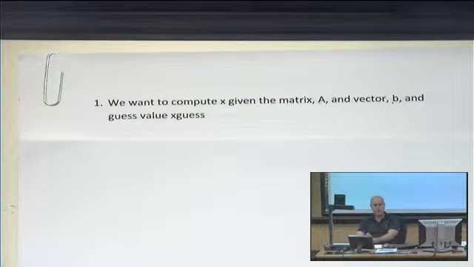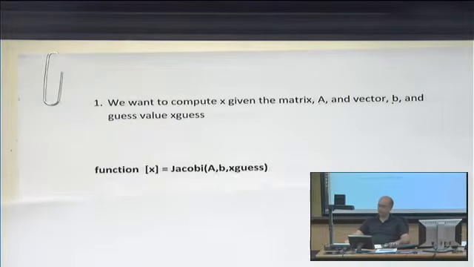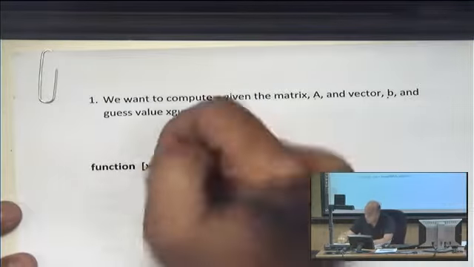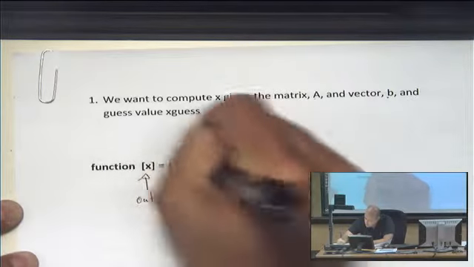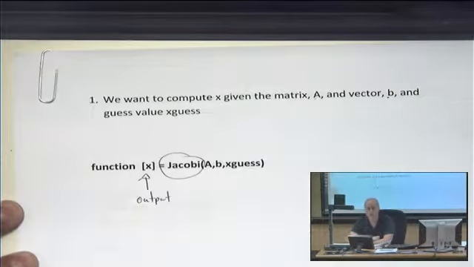So pause the video if you need to and write down the first line of your function file. Okay, we'll call this Jacobi.m, right? So what's the first line of your function file? Should look like this, right? Function, output, x. This is what you're calculating. The name of the file is Jacobi.m, so that's Jacobi.